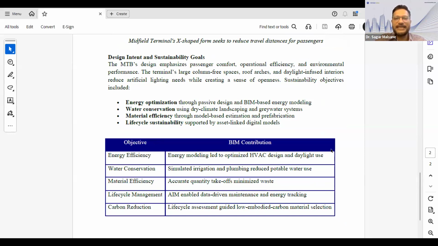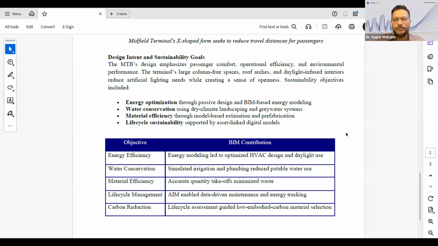The MTP's design emphasizes passenger comfort, operational efficiency, and environmental performance, and it has to be done through sustainability objectives such as energy optimization, water conservation, material efficiency, and life cycle sustainability. So the client had a mandate that we should use BIM.